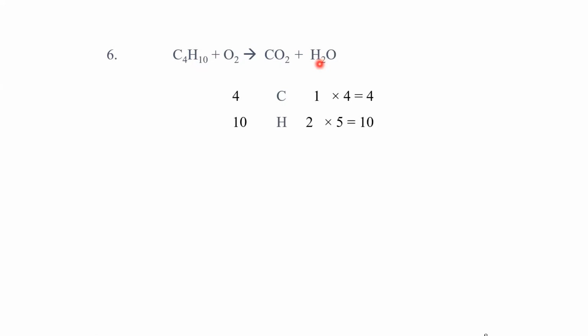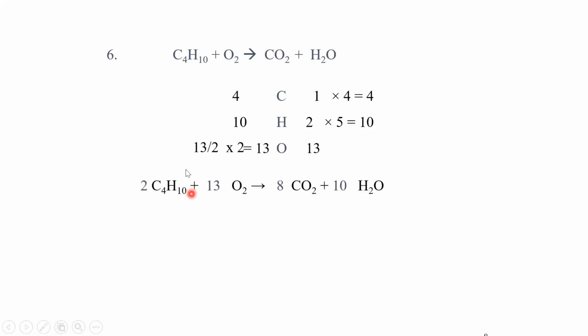So if we multiply the product side by 5, that balances out the hydrogens. Here's where the problem comes in. If we look at oxygen, we have 2 oxygens on the reactant side. We have 2 oxygens here, but we have 5 oxygens here.